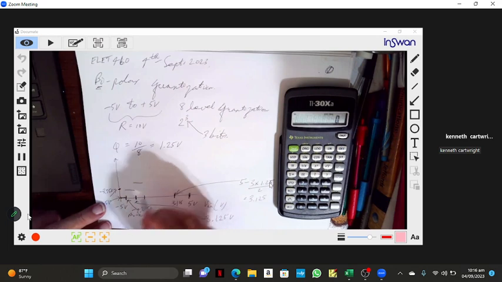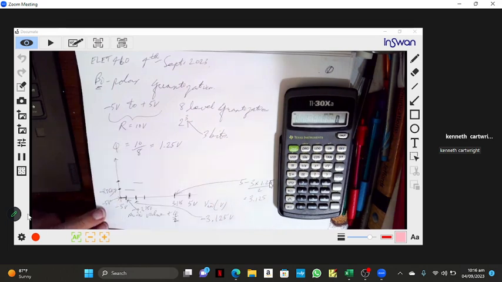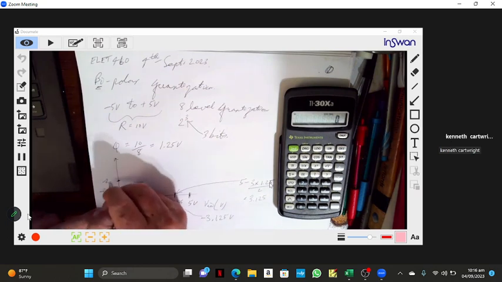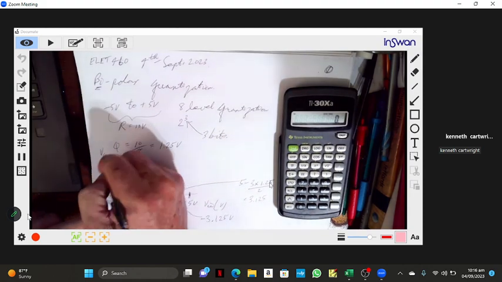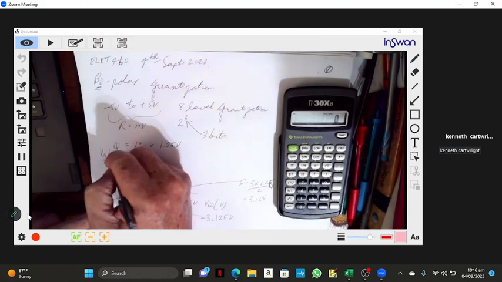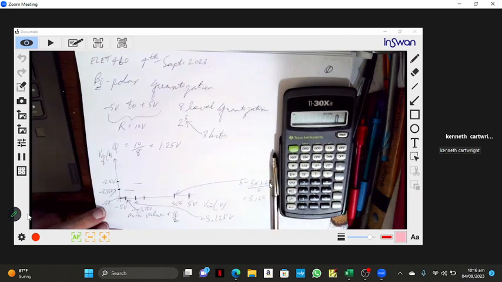What's this next point? Negative 2.5. Okay, so this is VQ. Finish this graph off, please.